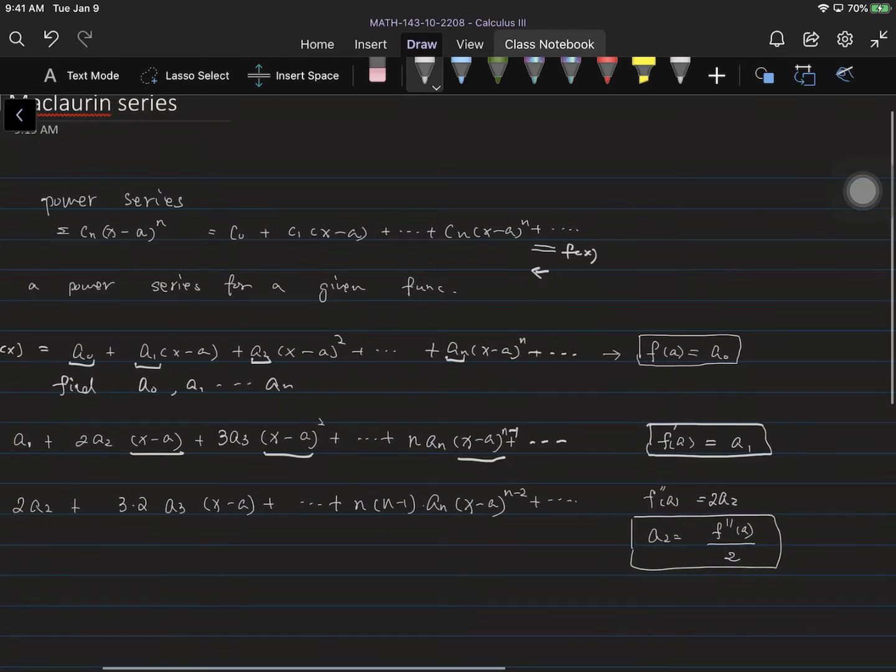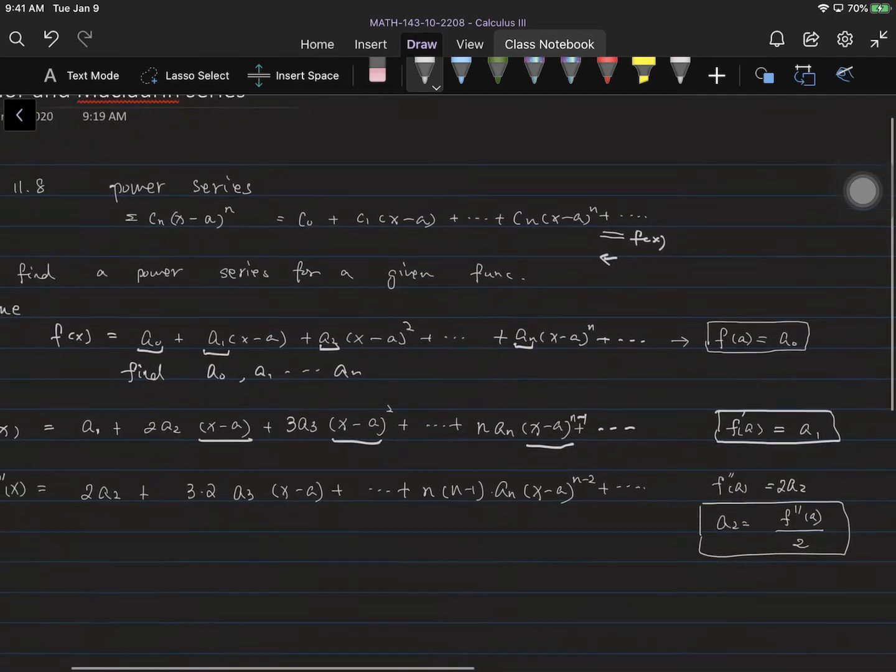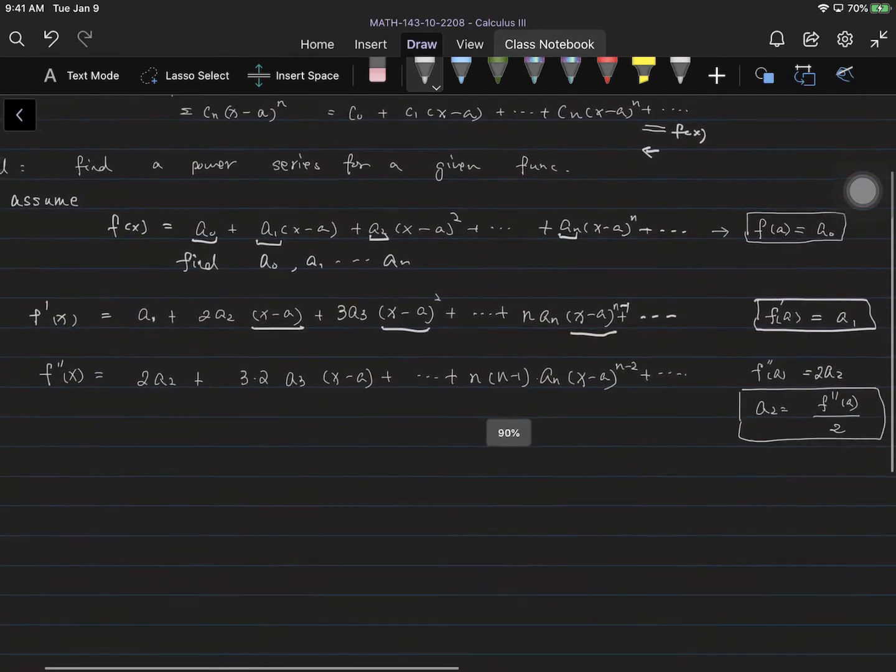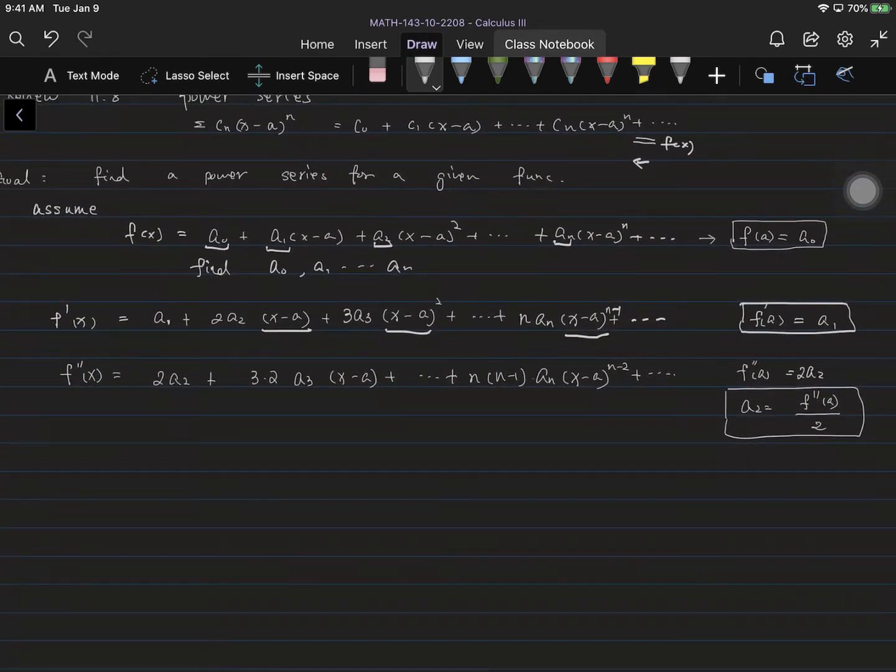Okay, let's do another one, and then we will do the general formula. Let's see what f triple prime is. The third derivative is 3 times 2 times a3 plus, and so on, n times (n minus 1) times (n minus 2) a_n (x minus a) to the n minus 3.